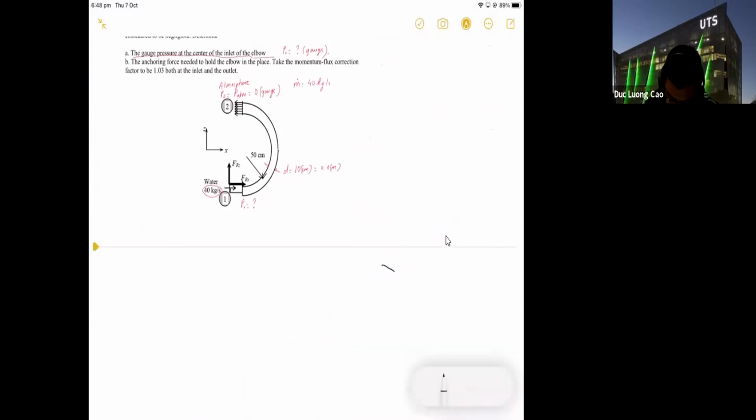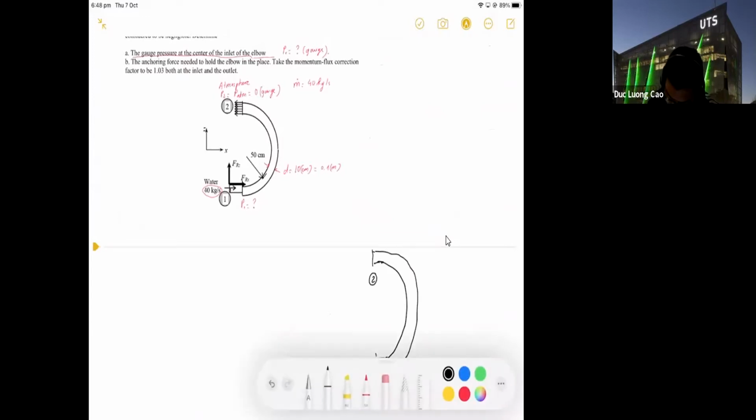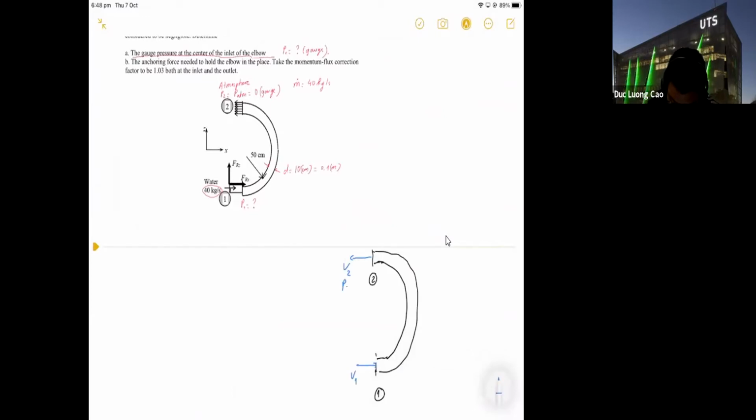This one is station 1, and this one is station 2. Here is V1 with P1, and here is V2 with P2, where P2 is 0.